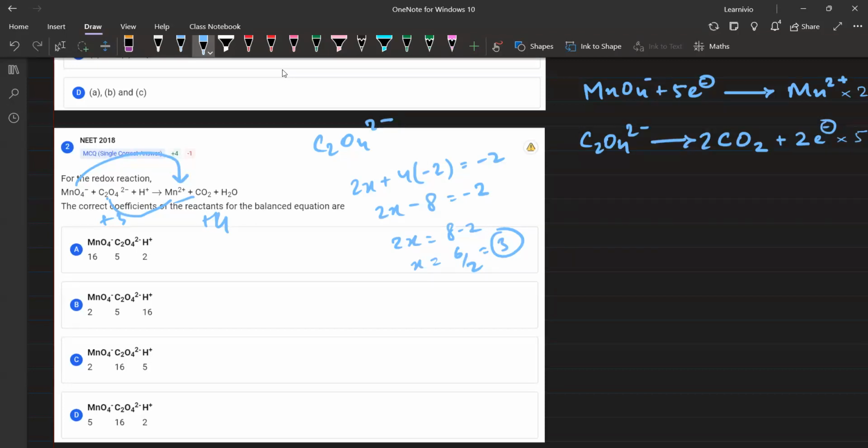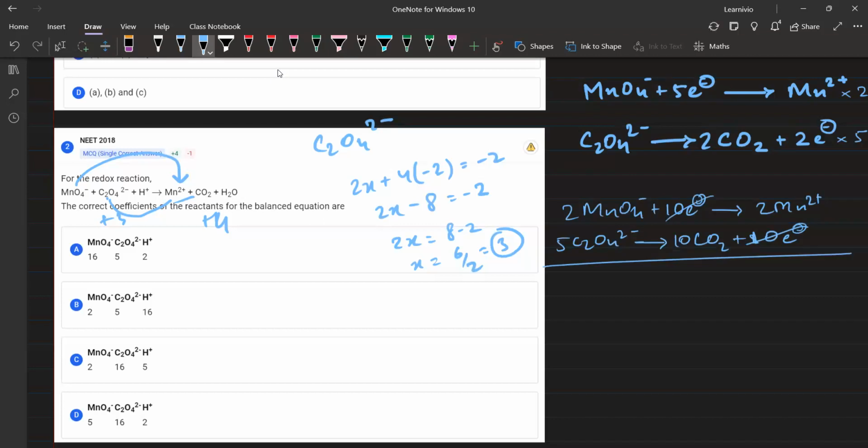You'll get the new equation: 2MnO4 negative plus 10 electrons gives 2Mn2 positive. Then here you will do 5C2O4 2 negative gives 10 CO2 plus 10 electrons.